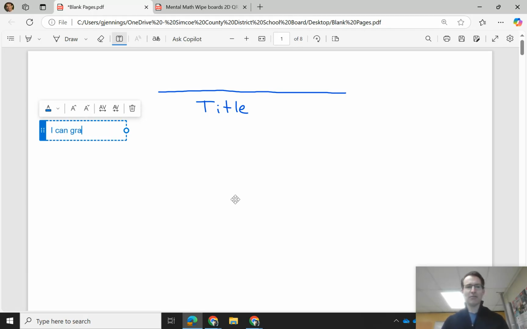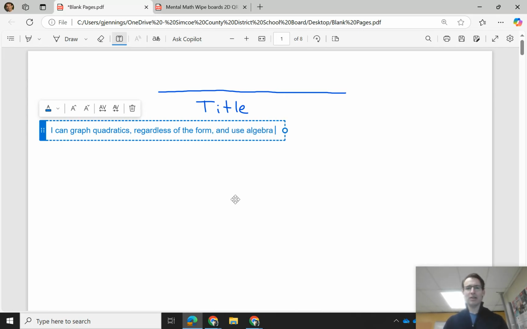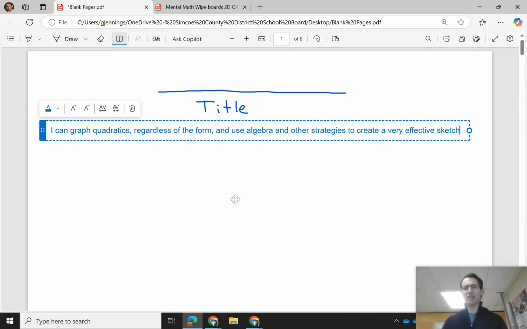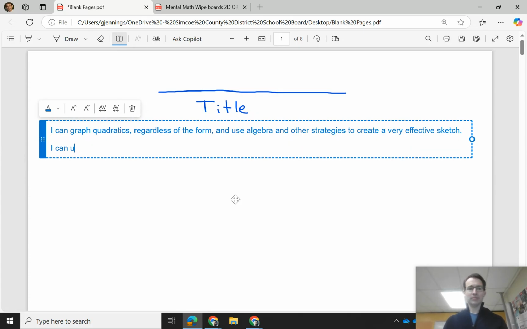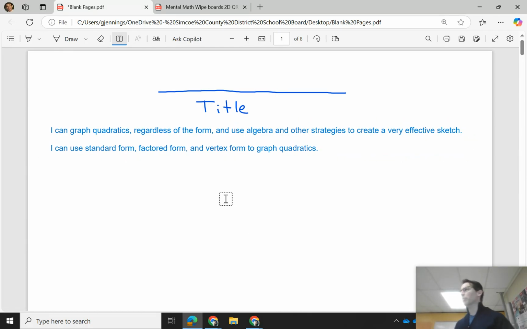I can graph quadratics regardless of the form and use algebra and other strategies to create a very effective sketch. So either one of those statements would be good.